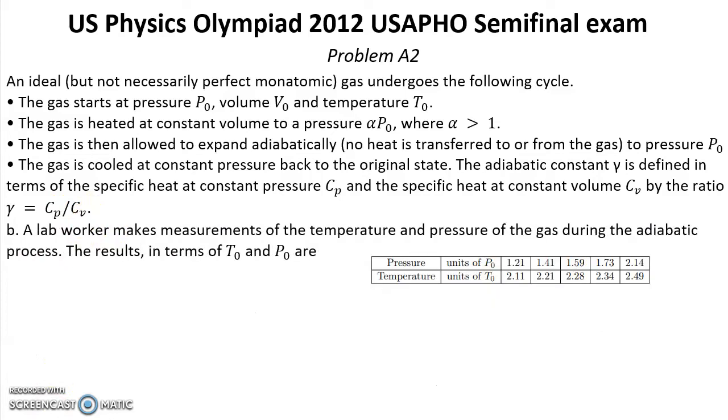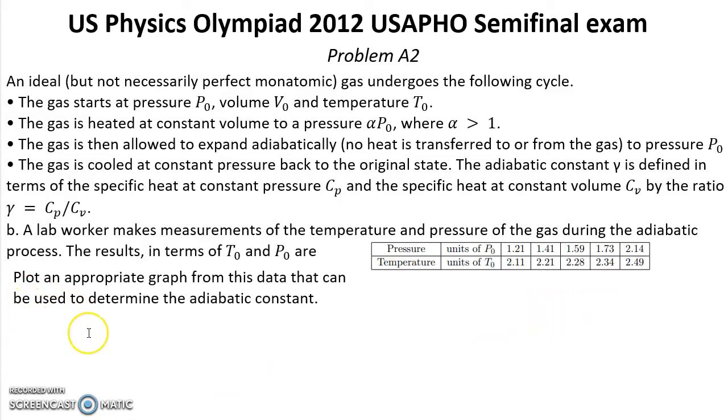Question B. A lab worker makes measurements of the temperature and the pressure of the gas during the adiabatic process. The results in terms of T0 and P0 are in this table.